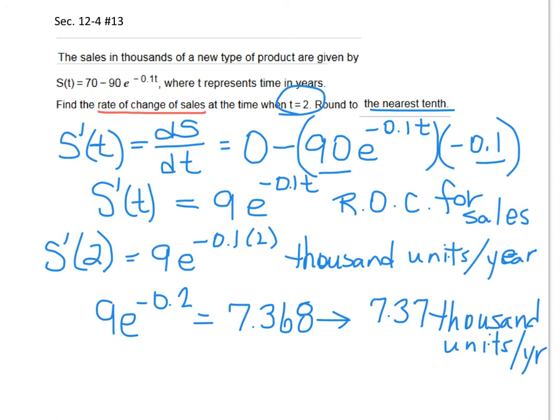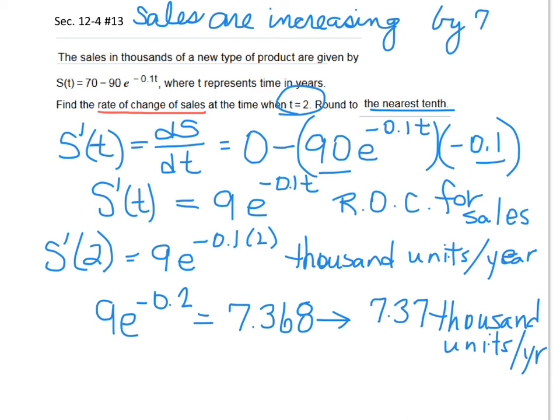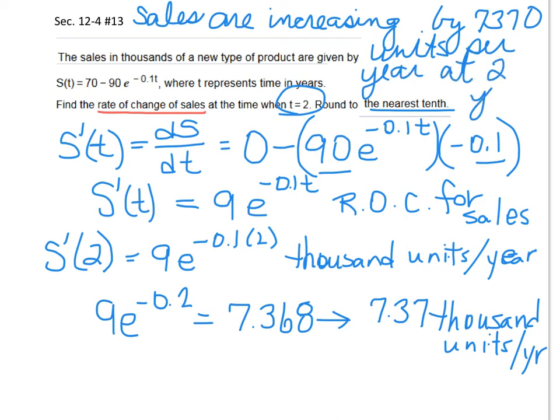So 7.37 times 1,000 is saying that we have 7,370 units per year at 2 years.